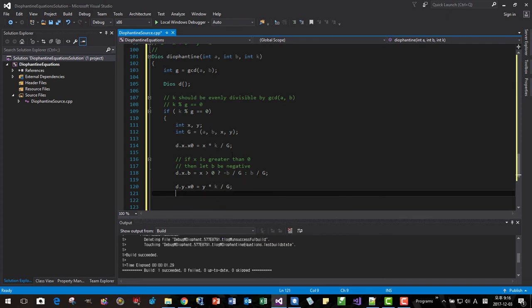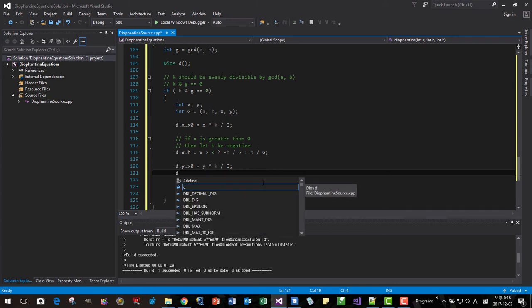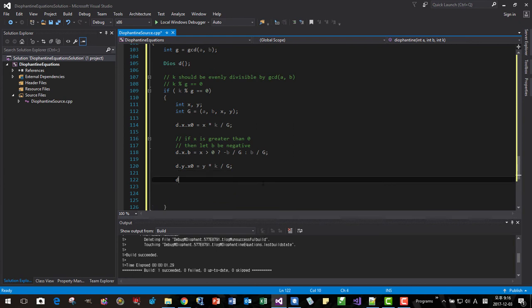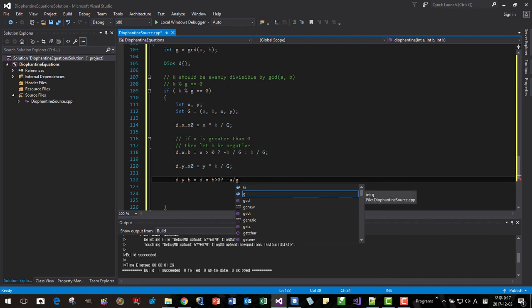See, this is the same. And here d.y.b equals, we would let d.x.b, if it is greater than 0, then we would let minus a over g. Let me see.